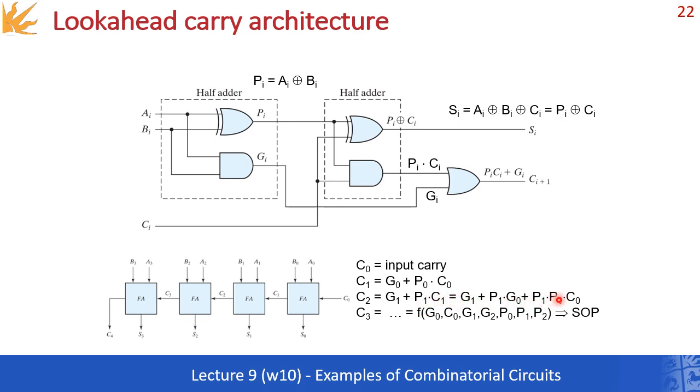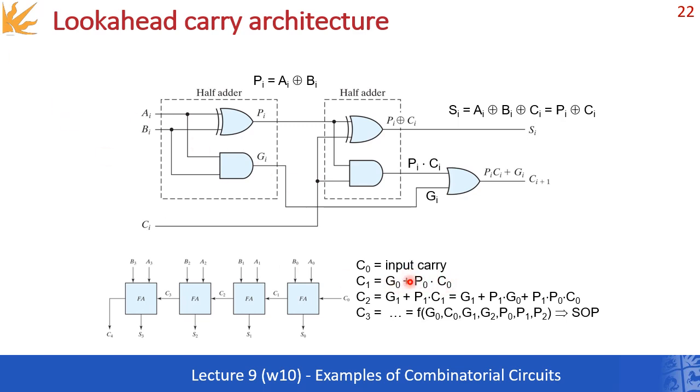And that gives you this result over here, which means that the next carry, C3 over here, is a function of G0, C0, G1, G2, P0, P1, and P2. And that is a sum of products, just like it was a sum of products for C2 and for C1.